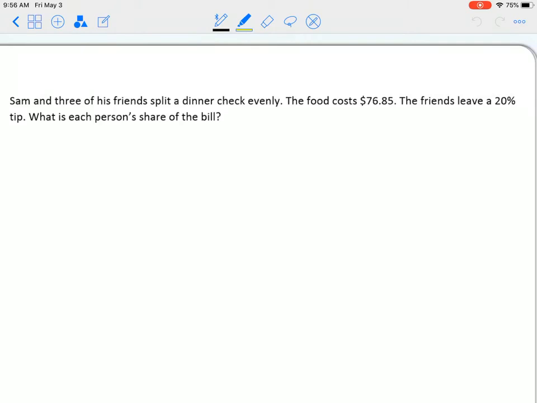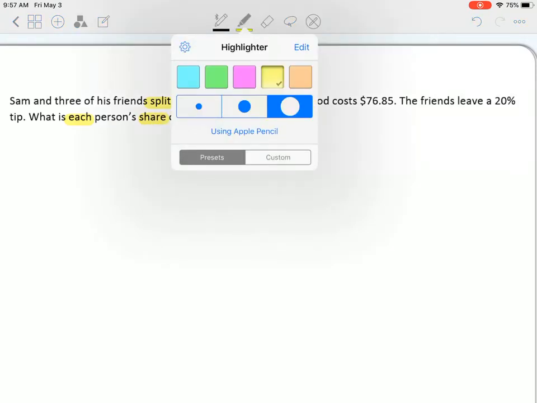Sam and 3 of his friends split a dinner check evenly. The food costs $76.85. The friends leave a 20% tip. What is each person's share of the bill?